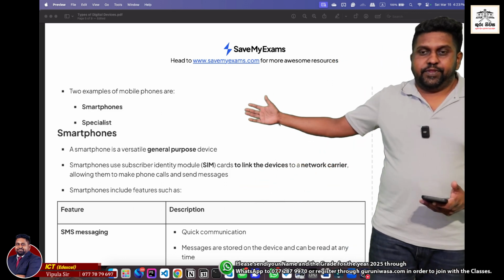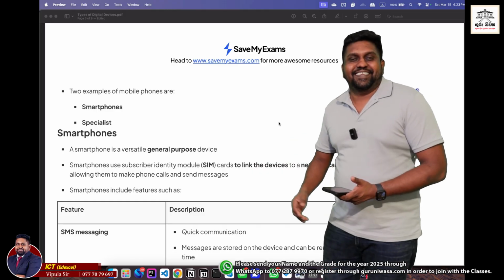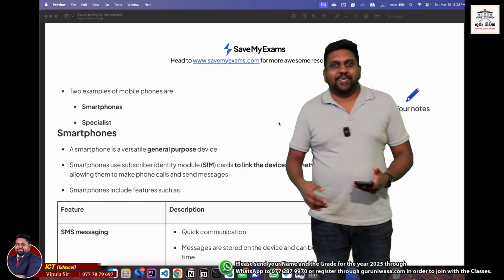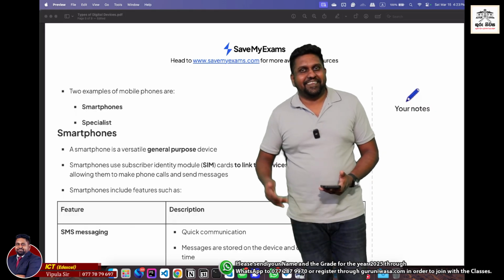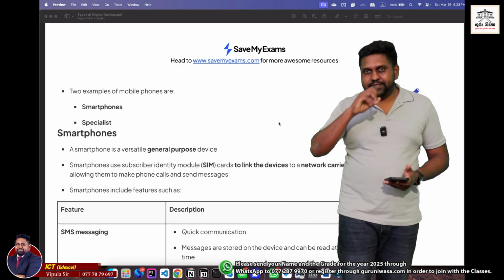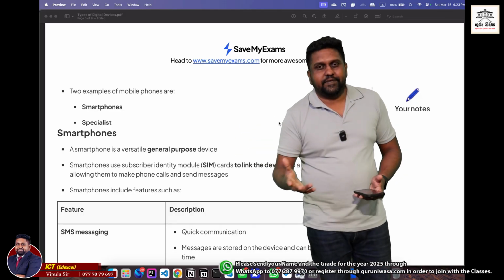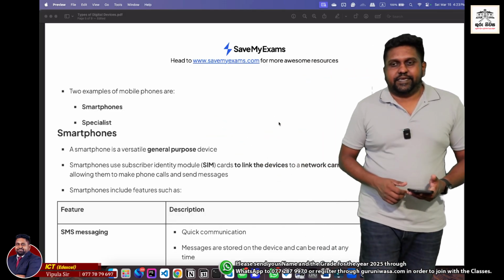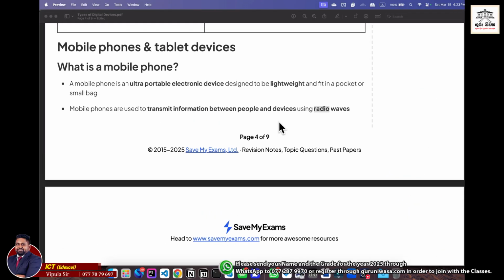We can actually put tablets as well. So we have phones, we have phablets, and we have tablets, and so on and so forth. Anything which contains a CPU and a computer, and which is portable, we can take into that category. Okay, so this is about a mobile phone.